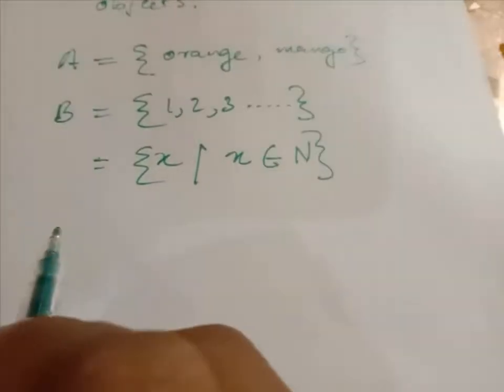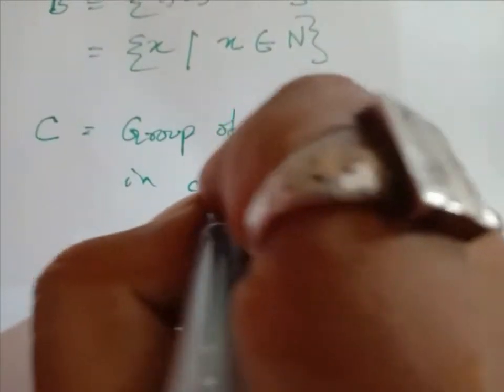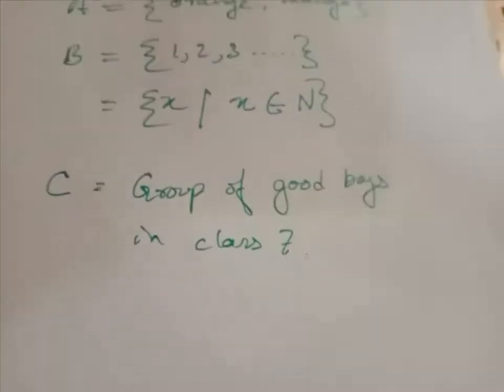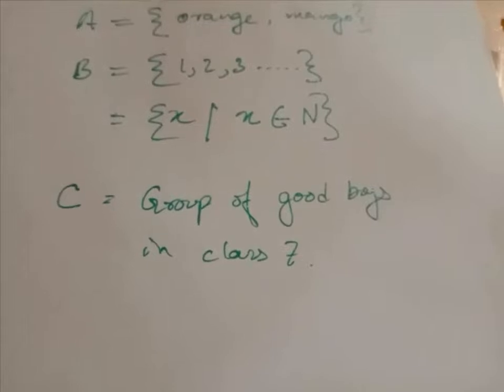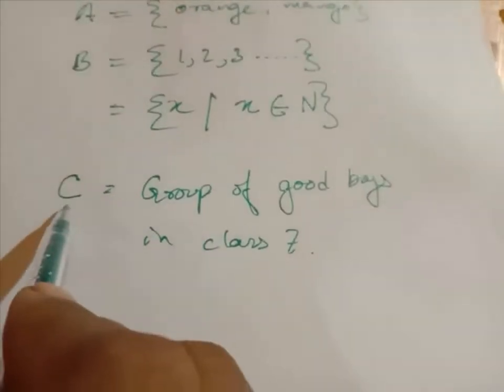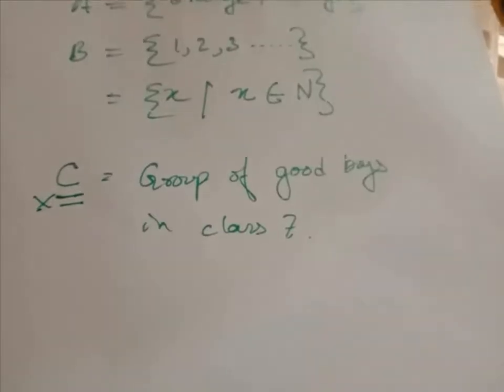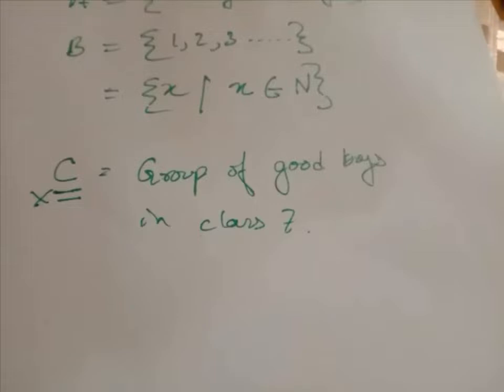Now let us take another group. Group of good boys in class 7. Now this group C is not a set. Why?